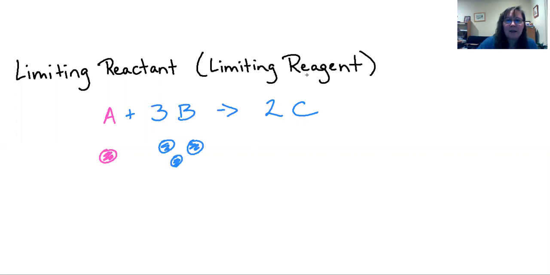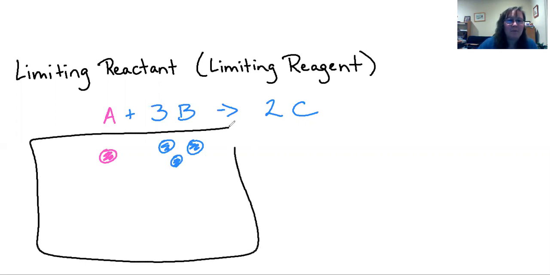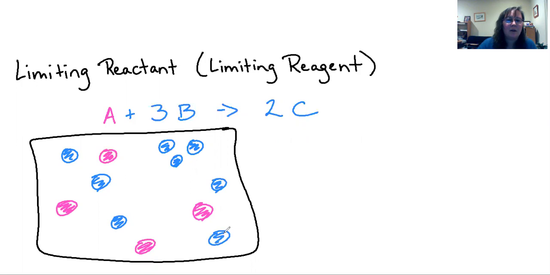So now imagine here that we have a chamber. And I'm just going to draw a few of these. Here we have another A, and here we have another A, and here we have an A. And then some B's. 1, 2, 3, 4.